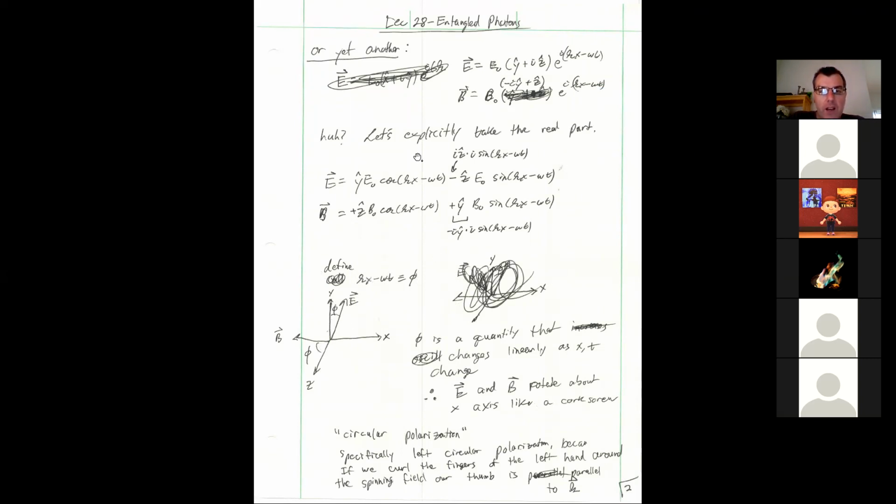If I just fix the value of x and watch it go in time, phi becomes negative. So it's going to go into the page like this. And if I take the fingers on my left hand and curl them around the direction that the E field is moving in, my thumb points in the direction that the wave is traveling in.